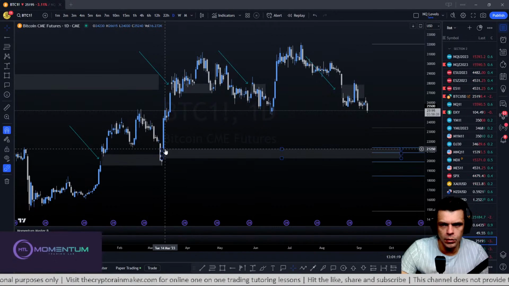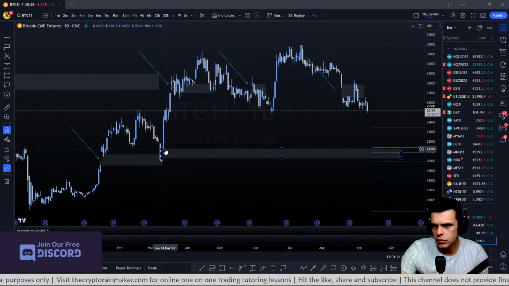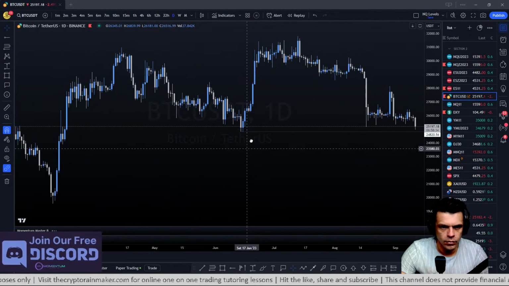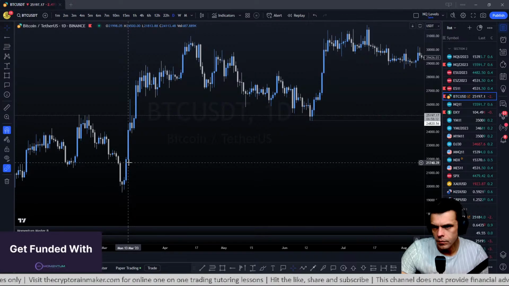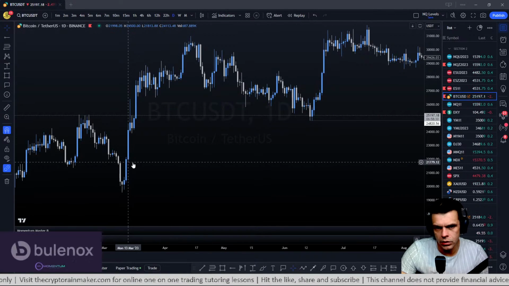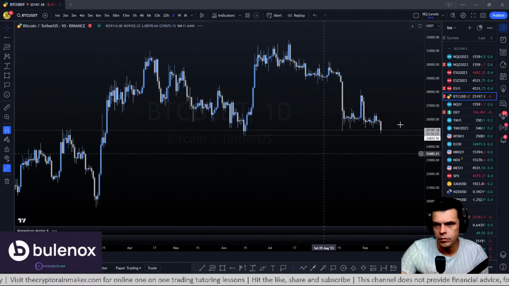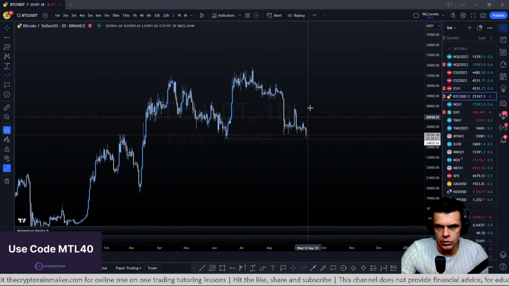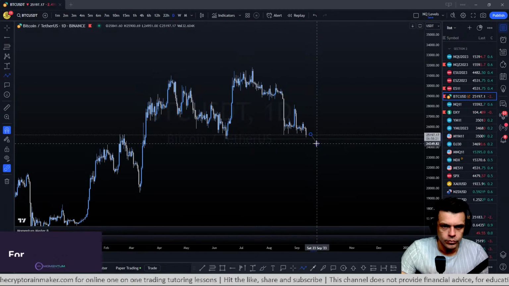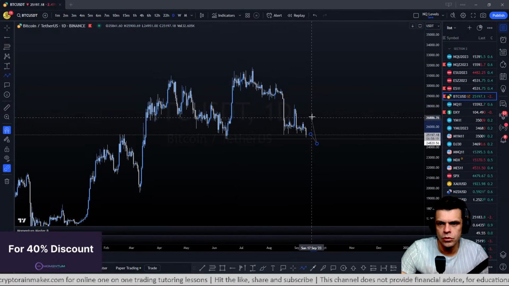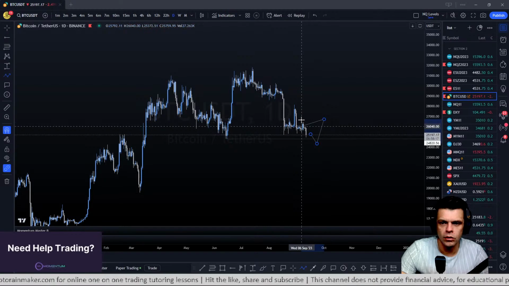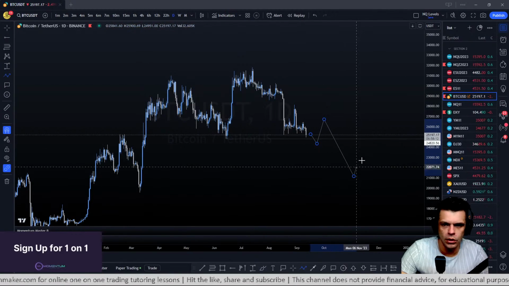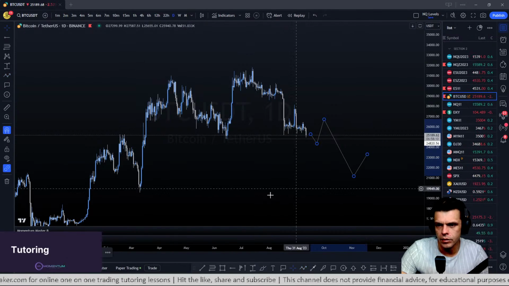Yes, we have that CME gap at 21,250. More or less in the same area. So what they could potentially do is knock out all the longs, push it to the upside, knock out some shorts, and then move it to the CME gap right here at 21.5.